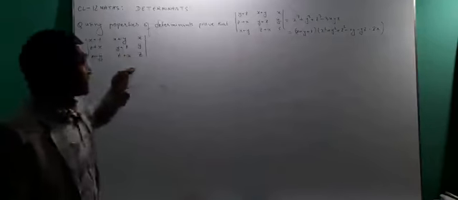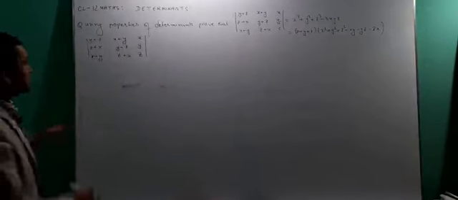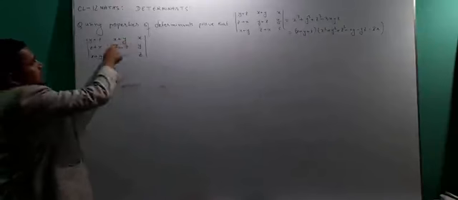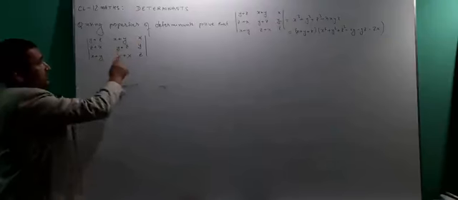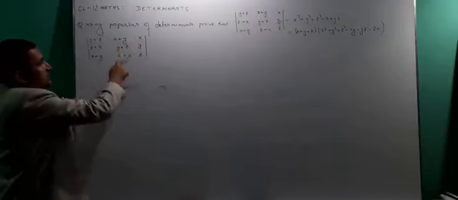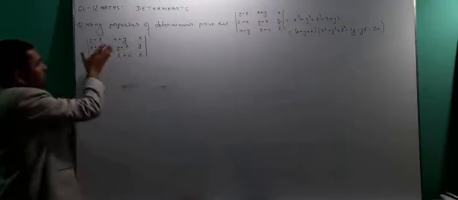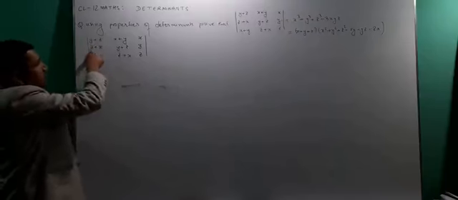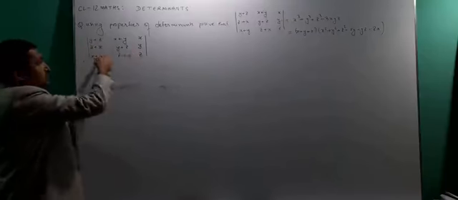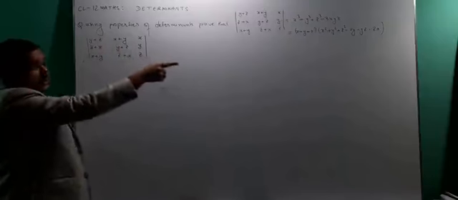I think you got the clue how to operate these determinants. If you add these two, you will not get x plus y plus z, because x is there but z is not there, and y is not there. That's why the first step is C1 changes to C1 plus C3, because their sum gives us x plus y plus z.